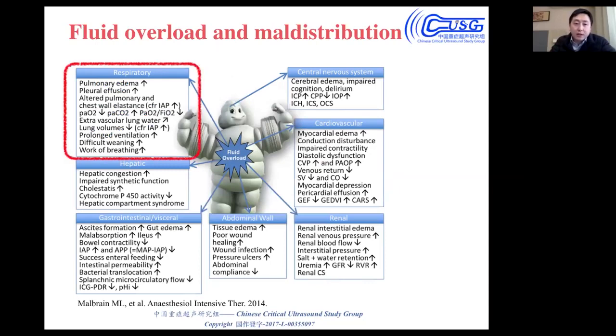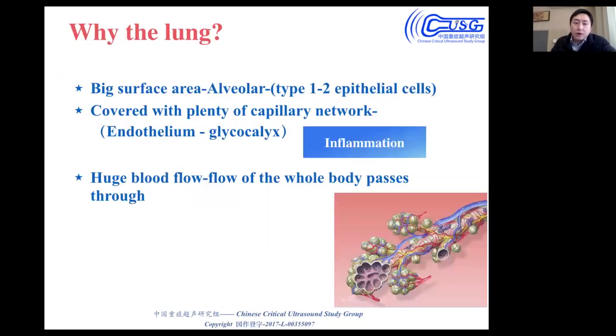We're focusing on the respiratory system. Why is the lung a key organ where fluid maldistribution happens? There are three reasons. Firstly, the alveoli have a big surface area, with type 1 and type 2 epithelial cells.